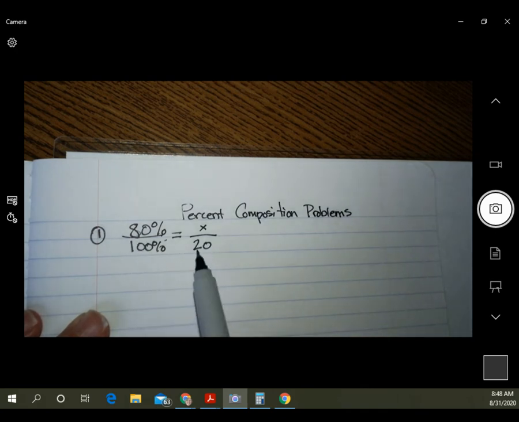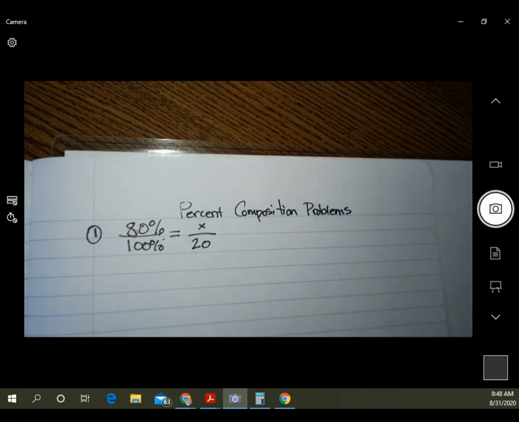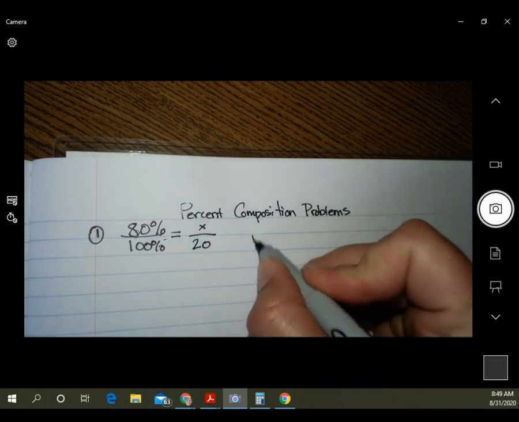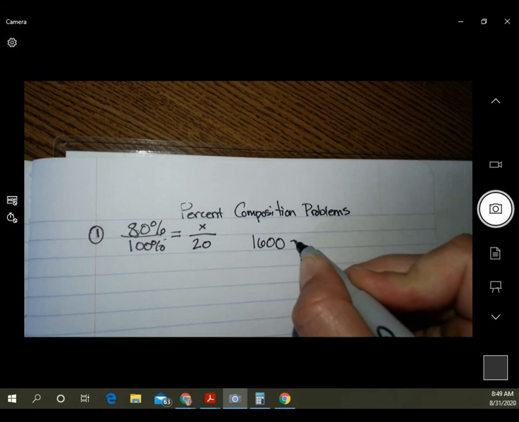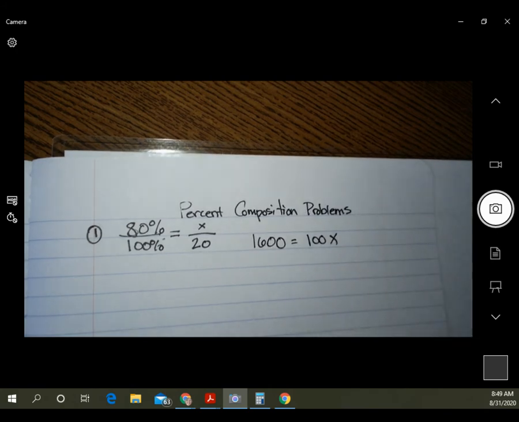So we multiply these two together, 80. So we're going to get, and then we divide.